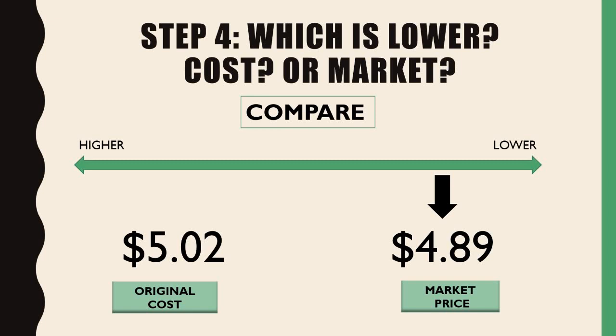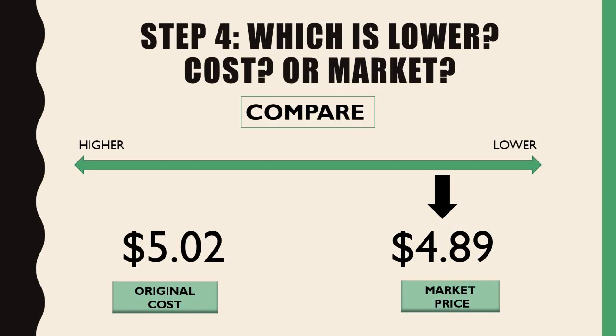So because your original cost was $5.02, while your market price is $4.89, because you lost a couple cents right here, this is where you're going to have to adjust your inventory for the loss due to market. You originally purchased it at $5.02. The market tells you, after doing your calculation, that it's no longer worth $5.02.